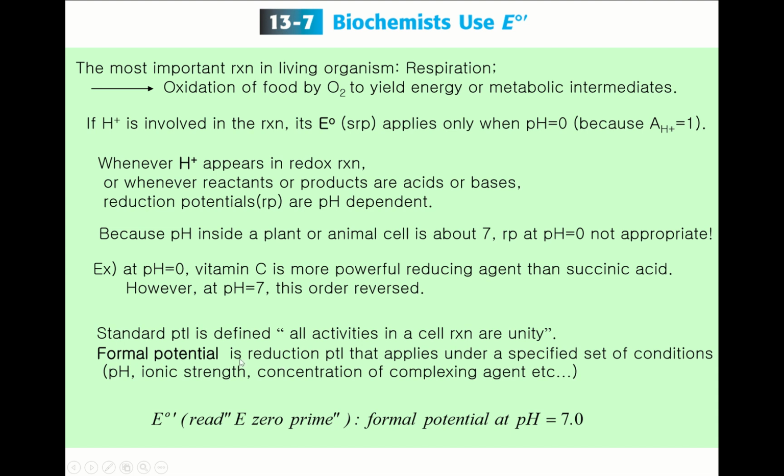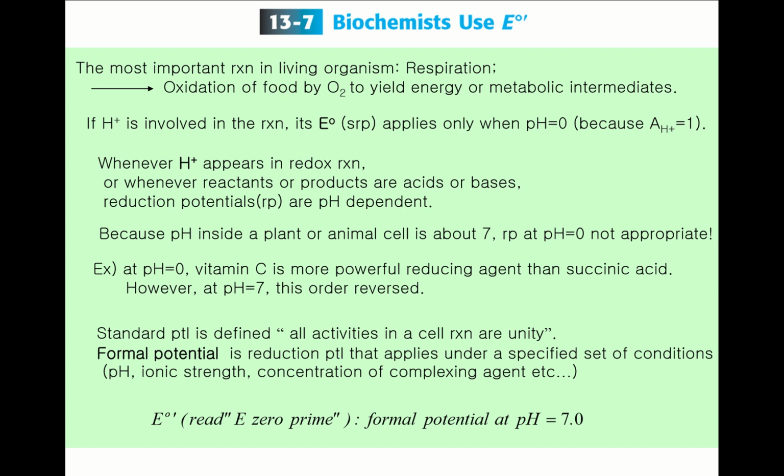That's called the formal potential. Actually, the formal potential is a reduction potential that applies under a specified set of conditions. It doesn't need to be pH 7, but since we are now dealing with biological reactions, pH 7 is the most common pH.